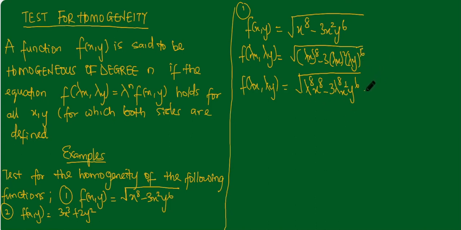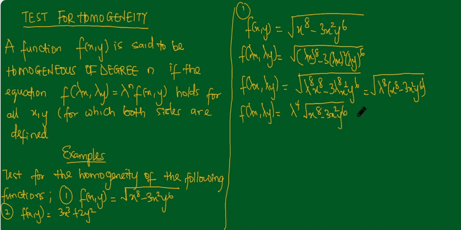So this becomes the square root of lambda raised to the power 8 into brackets x raised to the power 8 minus 3x squared y raised to the power 6. On further simplification, f(lambda x, lambda y) will be equal to lambda raised to the power 4, because the square root of lambda raised to the power 8 is lambda raised to the power 4, multiplied by the square root of x raised to the power 8 minus 3x squared y raised to the power of 6.